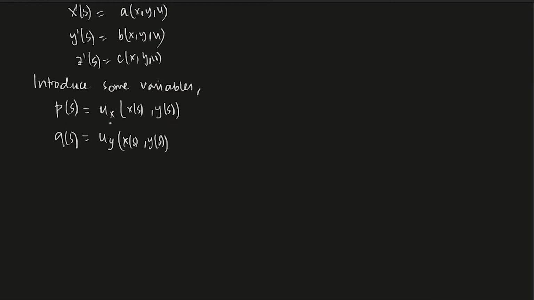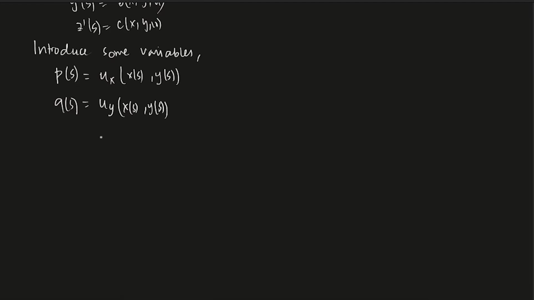See, this is not for every x, y. On the characteristic curve x(s), y(s), u_x on those curves is given by p of s, and q of s is u_y. So those are the two variables which we are going to define.